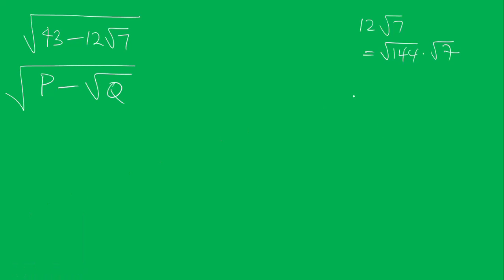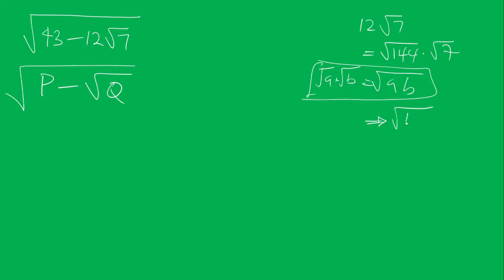According to the law of indices, the square root of a times the square root of b is the same thing as the square root of ab. Applying this rule, the square root of 144 times the square root of 7 is equal to the square root of 144 times 7.